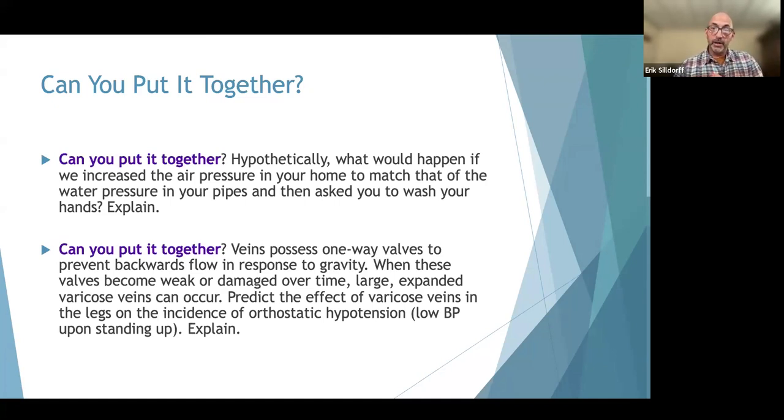In the second one, it's an example of another avenue of doing this, where we like to use pathophysiology. Pathophysiology that we don't teach the students, but we've given them the tools to think about such that they can predict outcomes. This second one is about varicose veins, and whether they would make somebody more or less likely to pass out when they stand up because of changes in venous return.